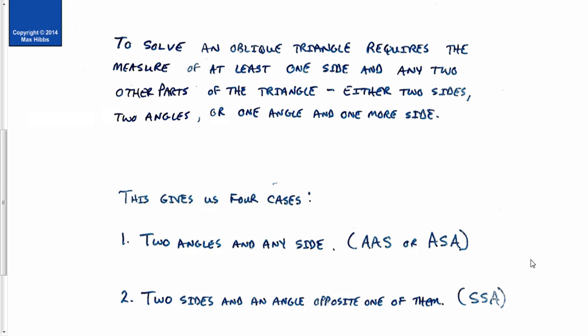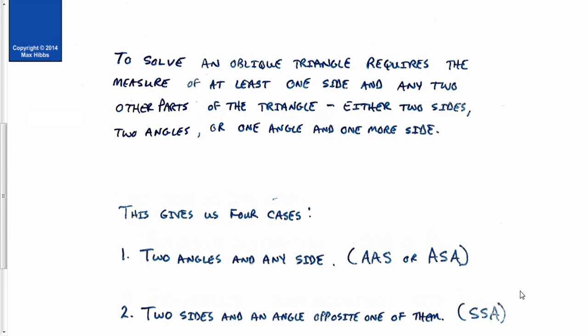We could have two sides and an angle opposite one of them. Now remember we have to have at least one side. Well, here we have one side and then two more pieces of information. Side, side, angle.